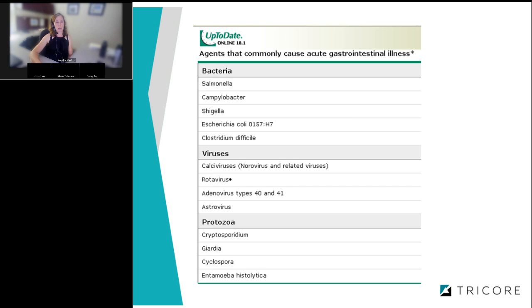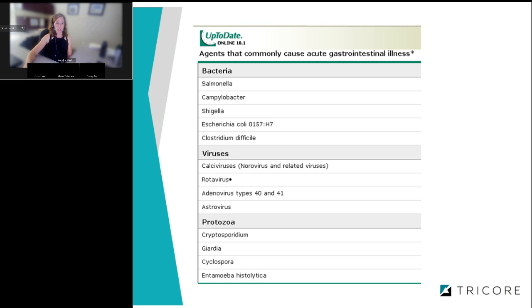So some of the primary infectious agents that cause acute GI illness are bacteria, including Salmonella, Campylobacter, Shigella, E. coli, various kinds of E. coli, and C. diff, which causes primarily a previous antibiotic treatment-associated diarrhea.